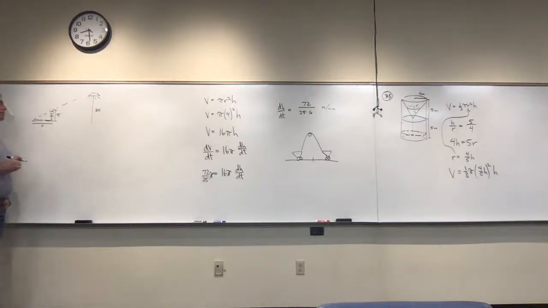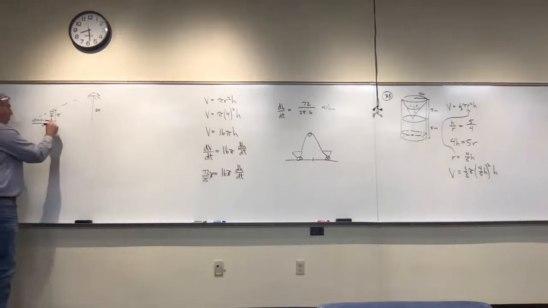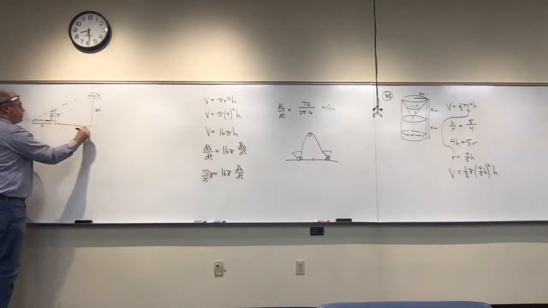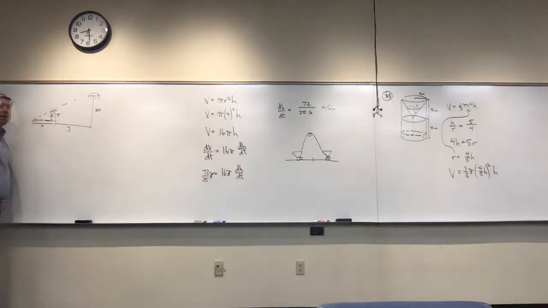And then what else do I know about? Probably how fast she's moving towards the street light, right? So I'm going to call the distance from her to the street light Y. Okay. And now we have two similar triangles.